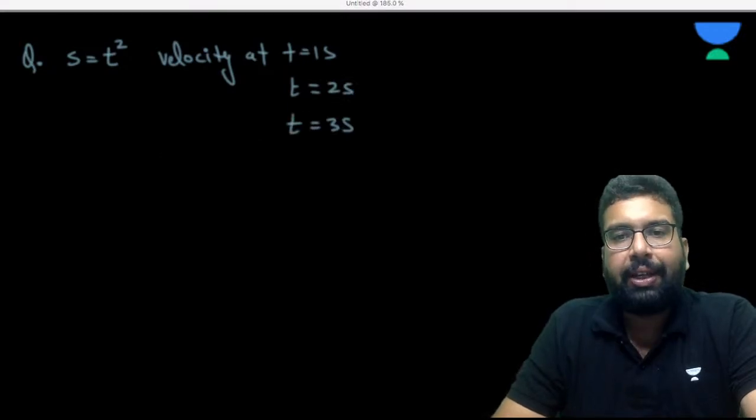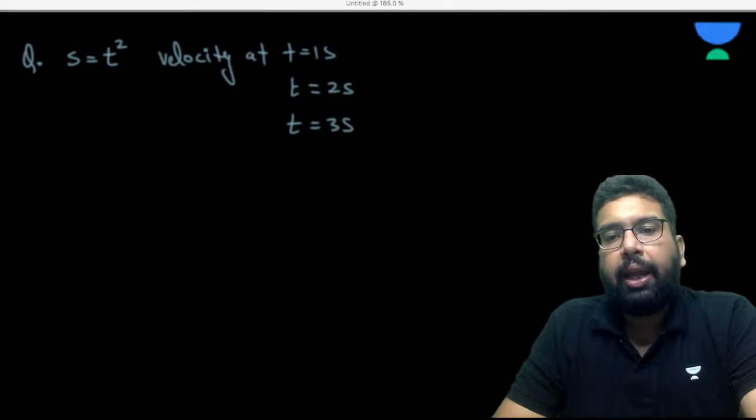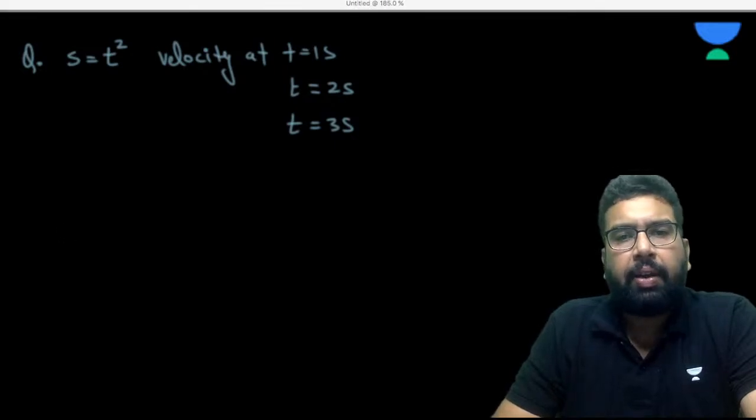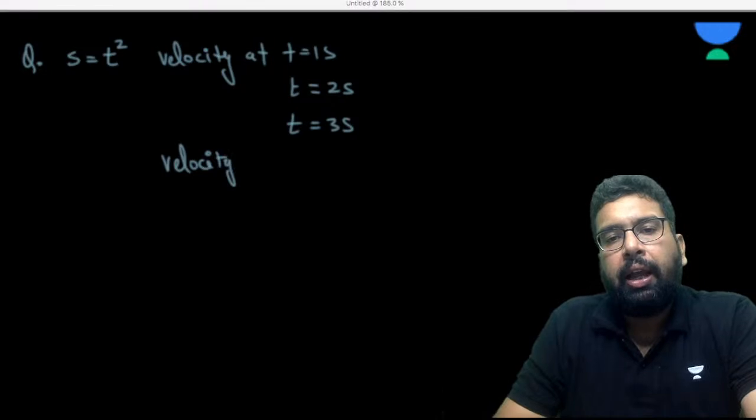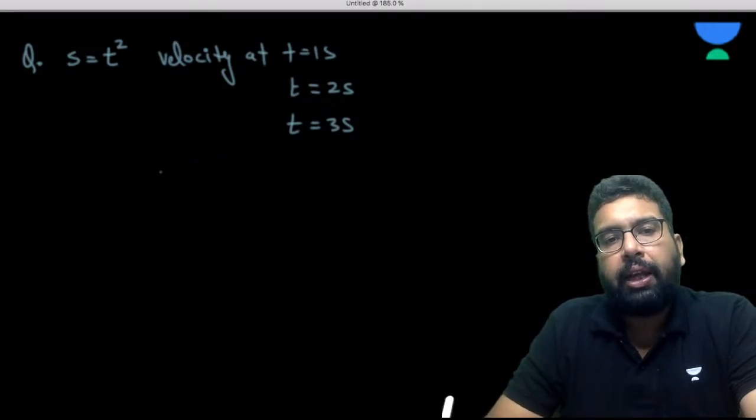We want velocities at these points. So this is the first part of this question.